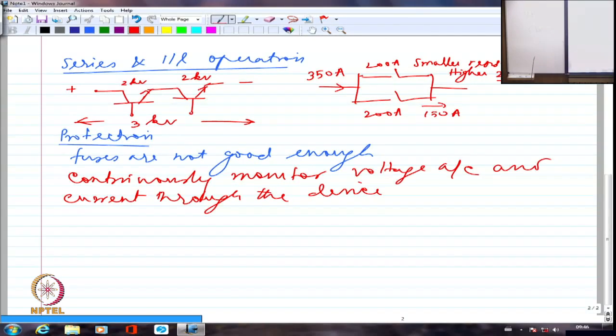Now this 200 amperes will definitely cause a higher I square R loss within the device itself. So the heat is going to be higher in terms of the I square R loss incurred across that particular device, whereas the second device is going to have lesser I square R loss.